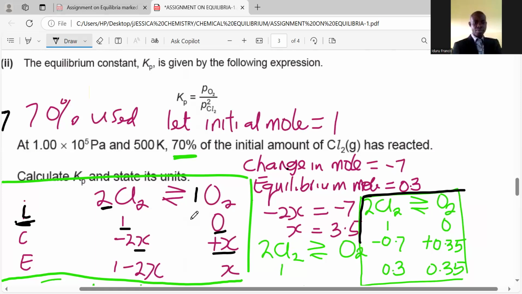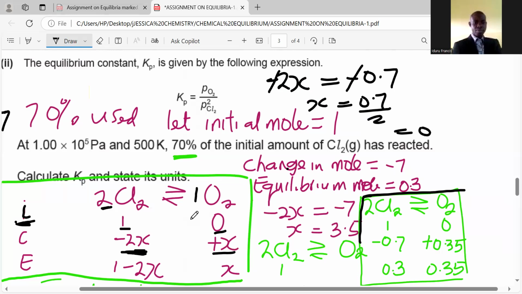For this, I already know it is minus 2x, so minus 2x equals minus 0.7. Minus cancels minus. Therefore, x will be 0.7 divided by 2, which is 0.35.